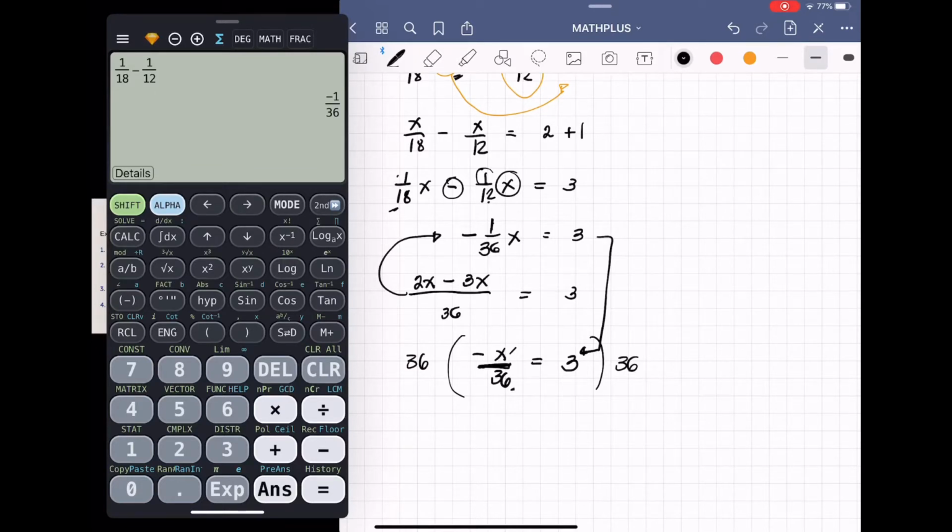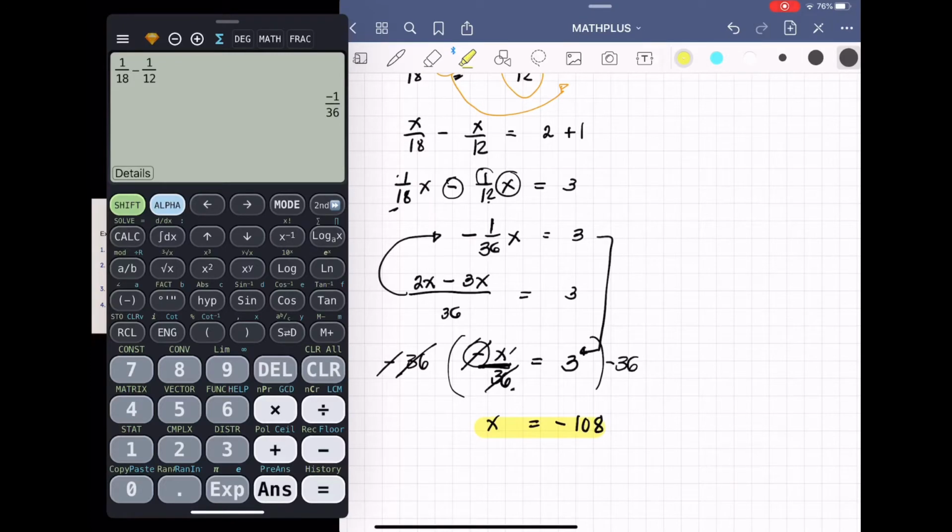At the same time, I can also multiply both sides by negative 1. Or that will make it negative 36 for me to be able to remove this sign. So in that case, this will be cancelled. Negative will be positive. I'll be left with x on the left side equivalent to negative 108. And that's my answer for number 2.